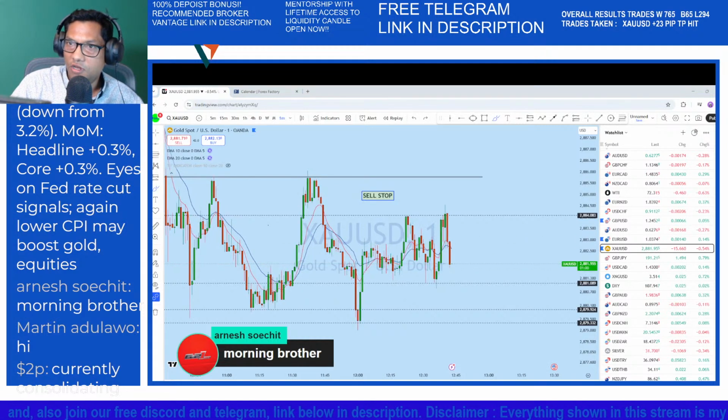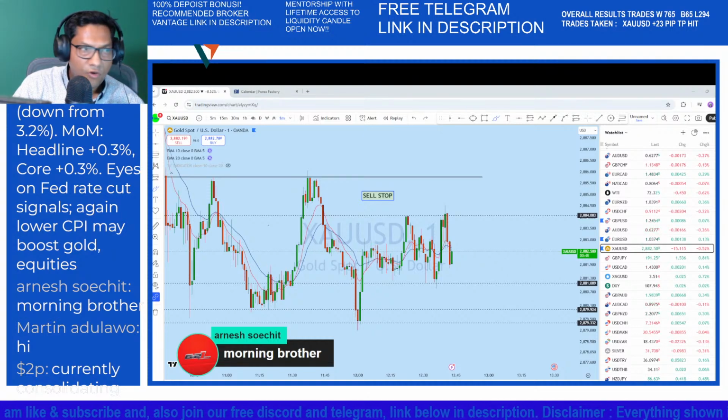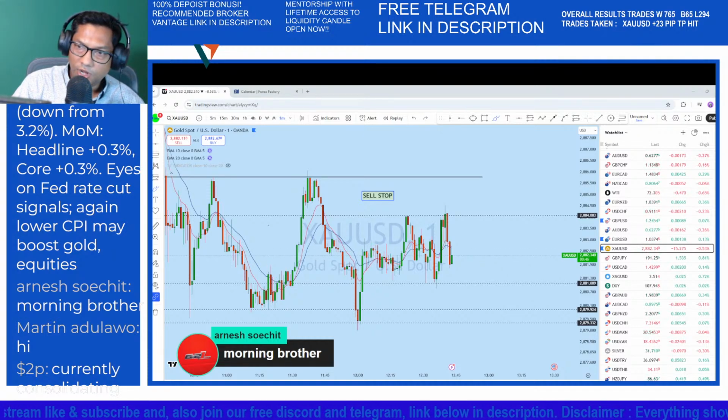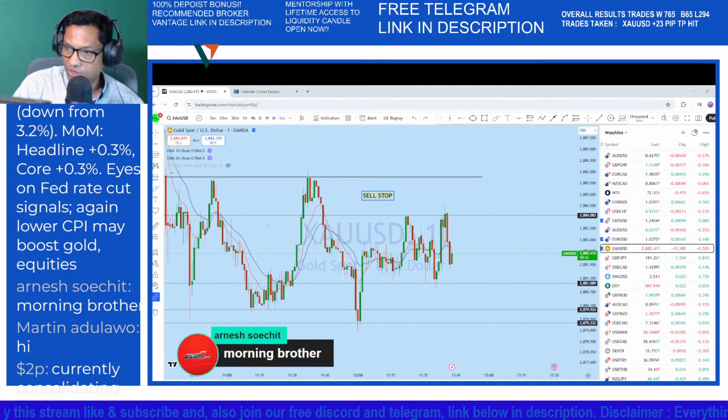We'll see how far it might be going, and based on that, we can look for entry opportunity in the market. We'll be waiting for suitable entry. CPI coming, and with that CPI, we will be looking to trade.